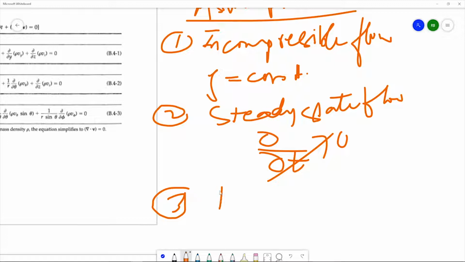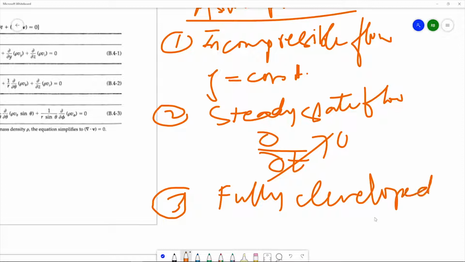Thirdly, fully developed flow. What do you mean by fully developed flow? Fully developed flow means if the fluid is flowing in this direction, let's first set the axis. Let's say this is y, just for example, and this is x.